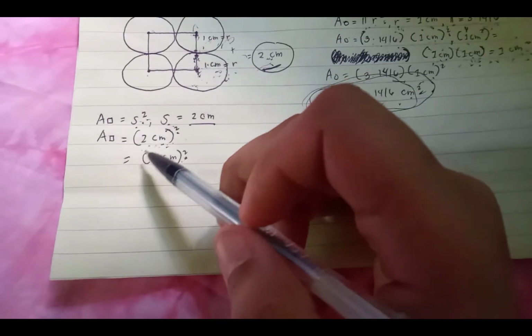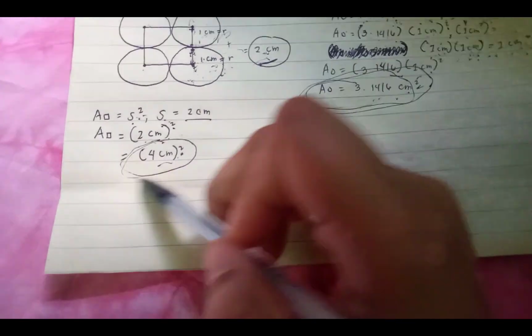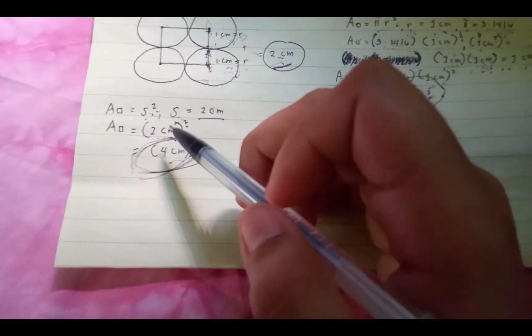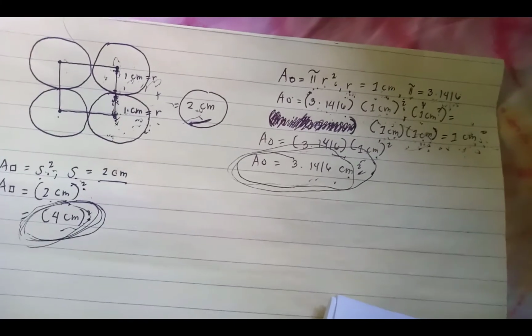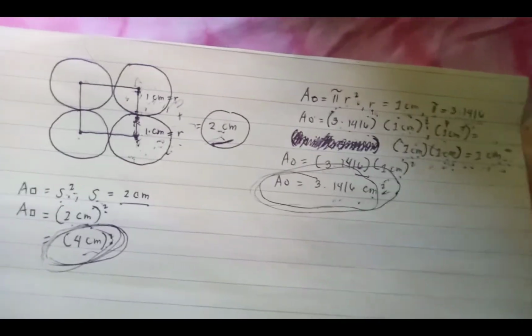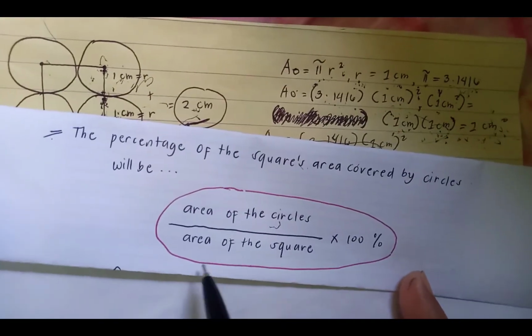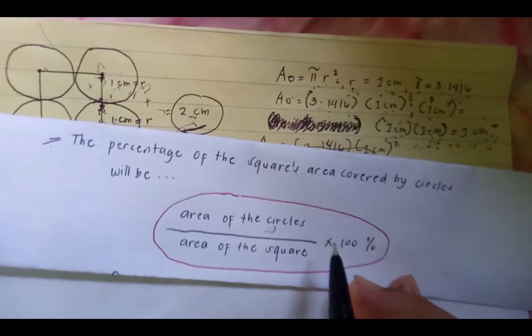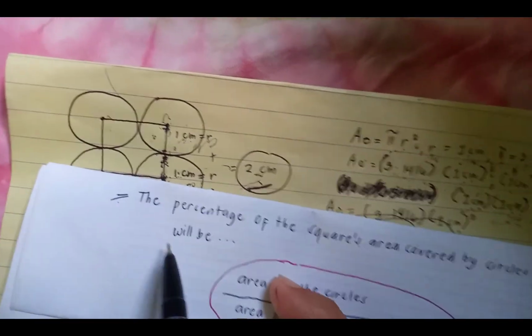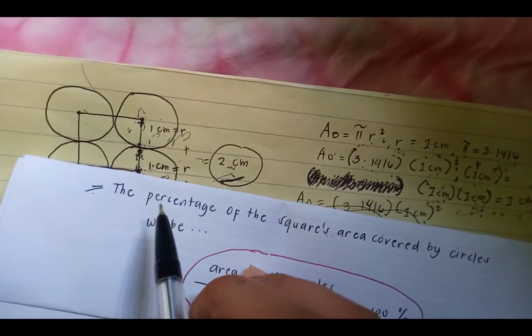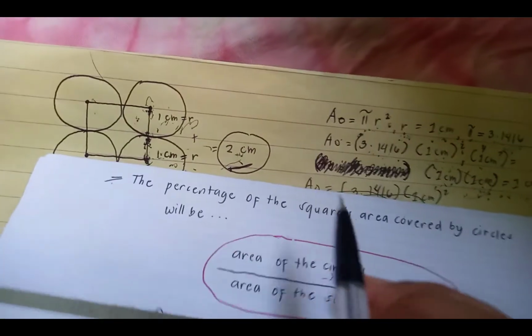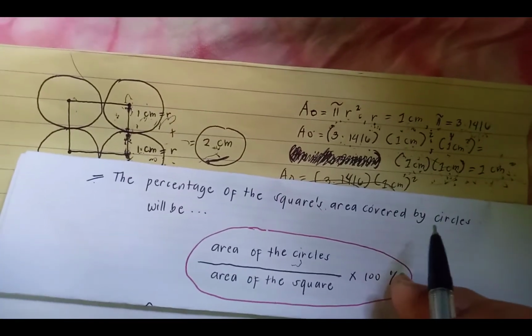So this is now the area of our square. So we go back to this formula, the area of the circle all over the area of the square times 100%. This formula is being used to get the percentage of the square's area covered by circles.